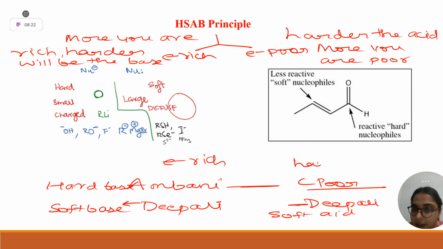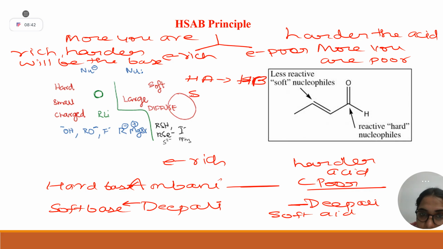I hope everyone has understood this hard soft acid base principle. By this example, you will never forget this principle. So, students, this principle says that hard acid will interact with hard base, and soft acid is going to interact with soft base.